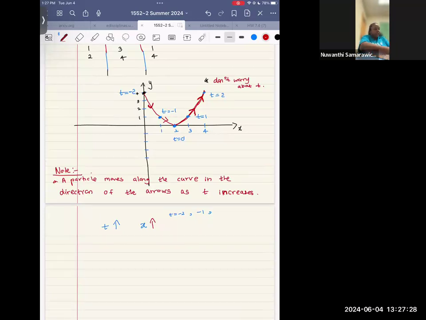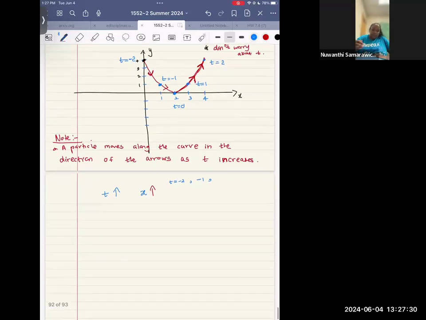So let's do another example. Can you try this one by yourself? x is equal to square root of t, y is equal to 3t plus 1, where t is greater than or equal to 0. Do you all have any questions?